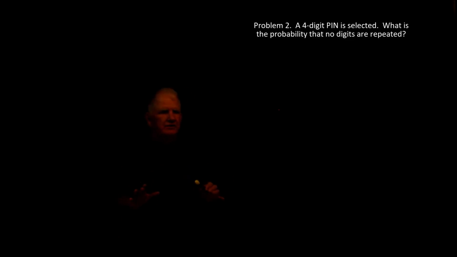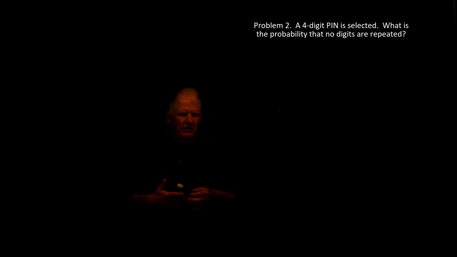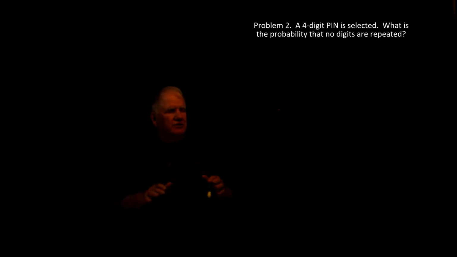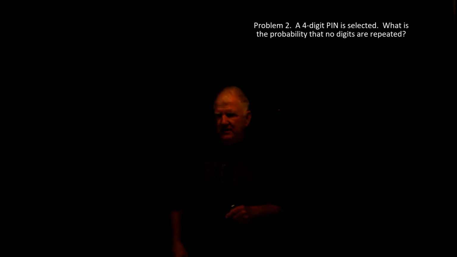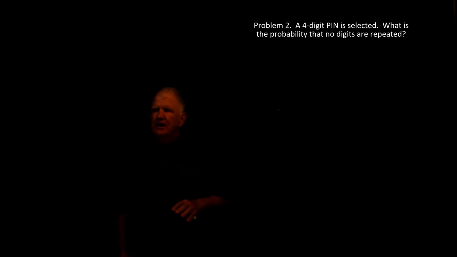All right, the second problem says we're going to put together a personal identification number with 4 digits. And the question asks, what's the probability that we load up this PIN and that there are no repeated digits? All right, so when you're dealing with digits, you're dealing with the numbers 1, 2, 3, 4, 5, 6, 7, 8, 9, 9 numbers, and 0 makes 10. That's the 10 digits.